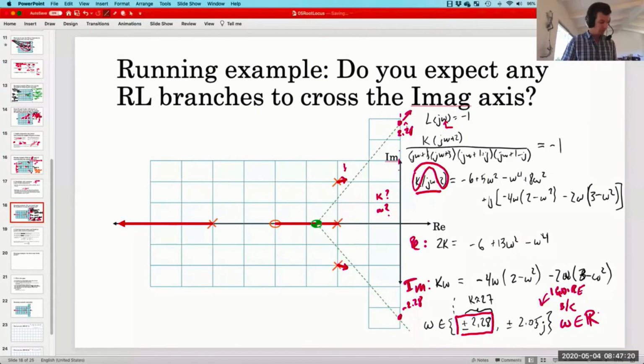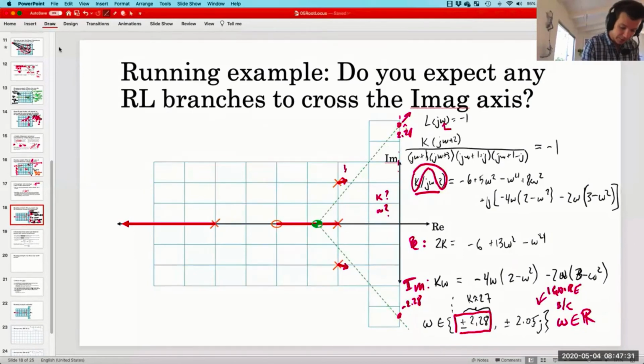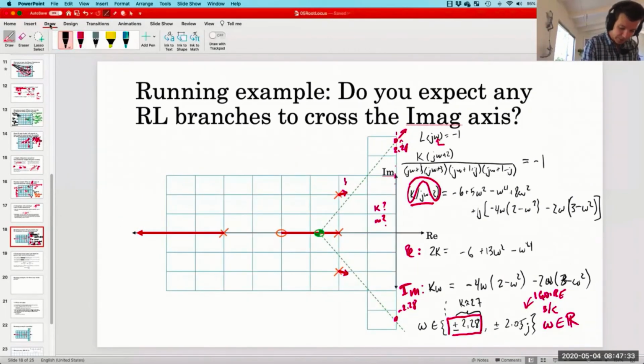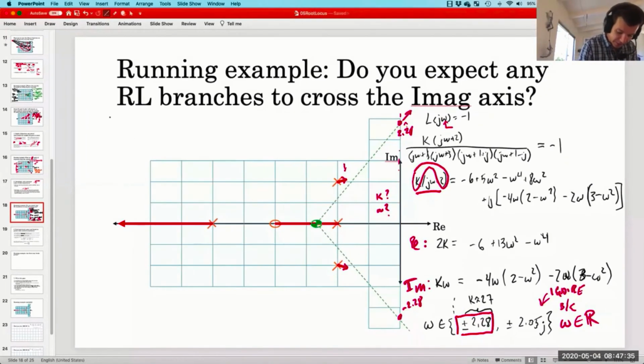Questions? Could you say one more time how we know omega has to be real? Sure. So at the get-go, we did something like this. L of j omega equals -1. Now, if you're going to plug in a number j omega into a function, I guess I kind of skipped over this, but you're plugging in an imaginary number.